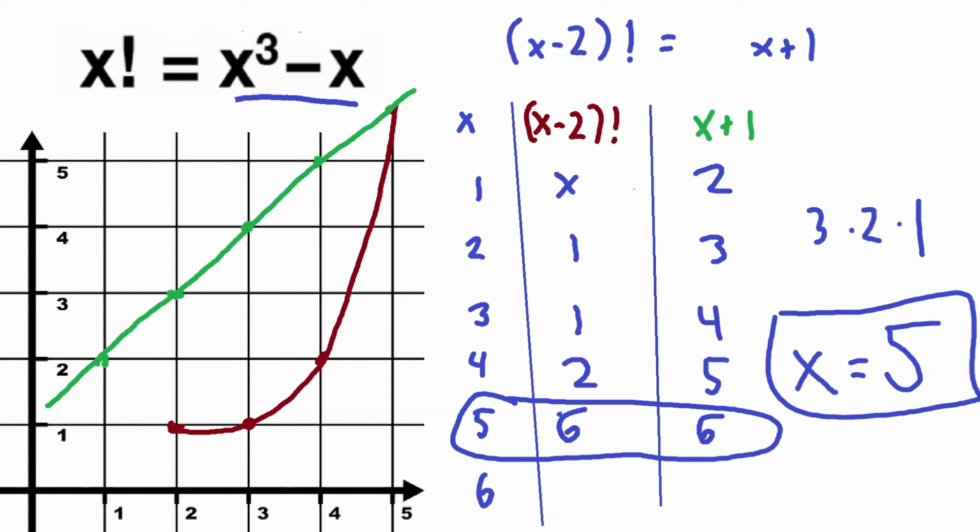So in the end, if you have an equation like the red one that keeps on growing as a factorial and does not have the same slope all the time, it will eventually overtake an equation with a constant rate, like x plus 1. So yes, our final answer is x is 5.